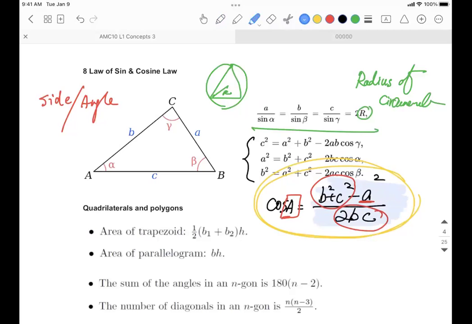While on the left-hand side, there's only angles. So the cosine law is a very powerful law. It converts the relationship between the sides and the angles. So whenever the question gives you a bunch of side relationships but ends up asking you about some angle relationship, the cosine law is the most important tool.